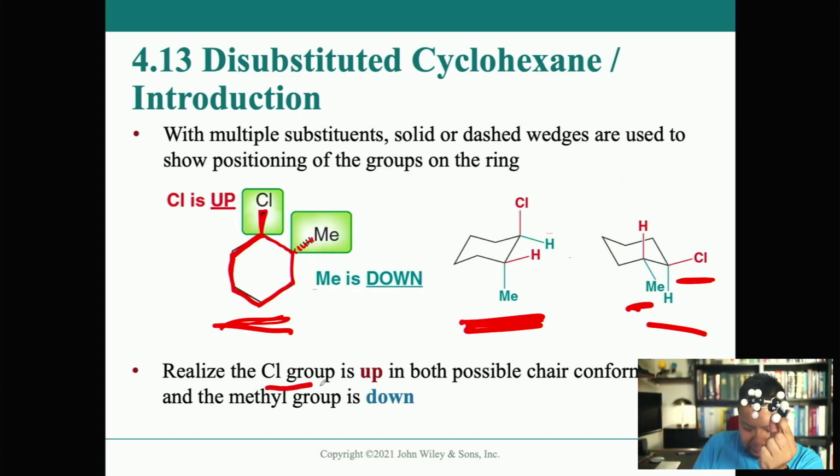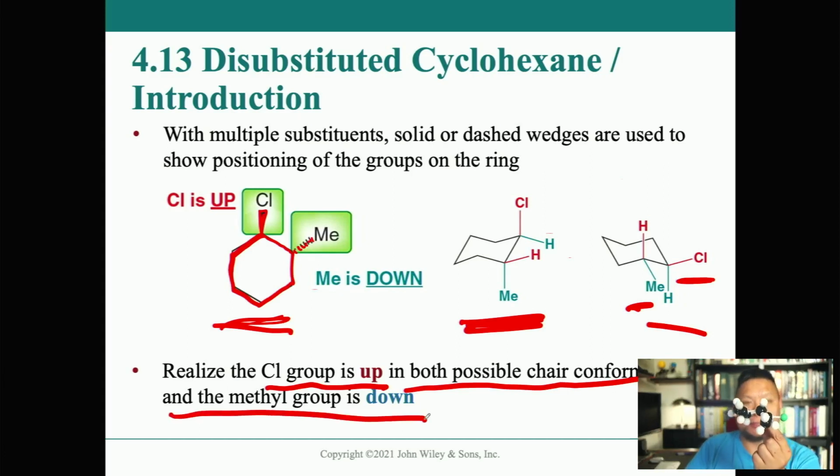Realize that the chlorine group is up in both possible chair conformations, and the methyl group is down in both possible chair conformations. You see how the chlorine is slightly pointed up there, and the methyl group is actually slightly pointed down, right? Good stuff. You can really visualize these things with the molecular model kit.